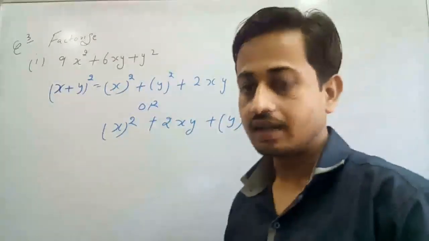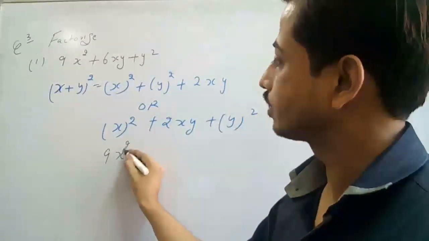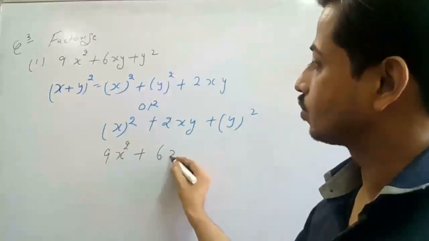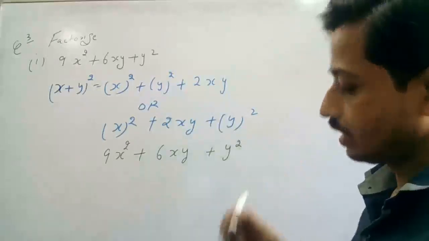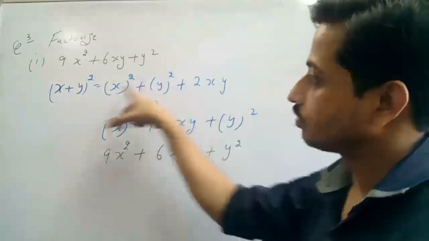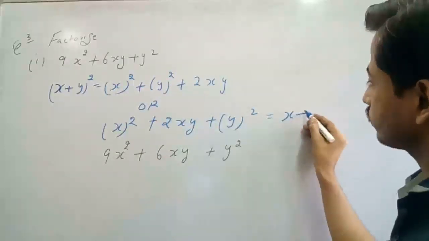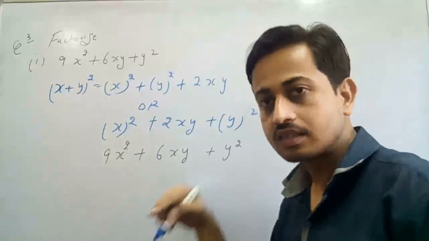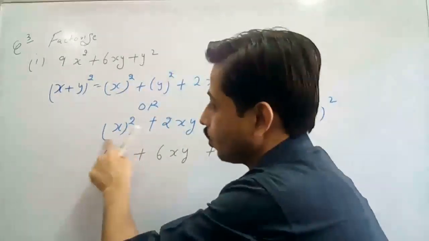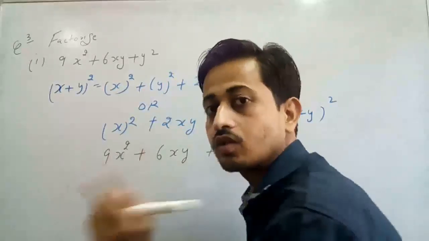So write the question. The question is 9x square plus 6 into xy plus y square, and we know this is equal to x plus y whole square. Now try to make it the same format. This is whole square of x, but this is whole square of x, not the square of 9.